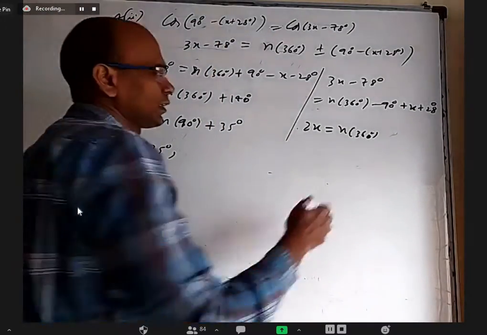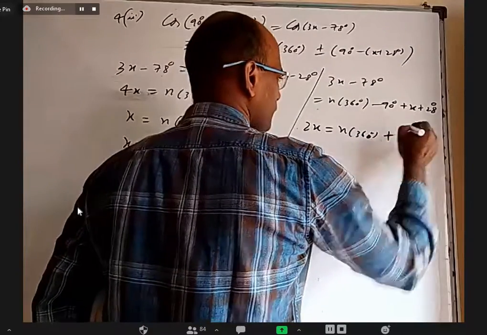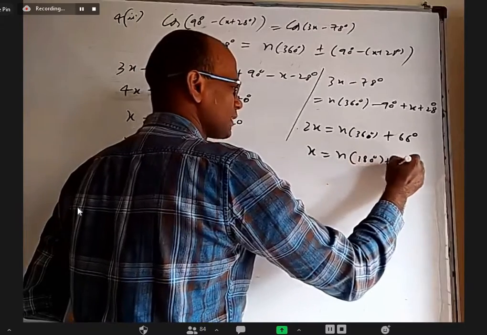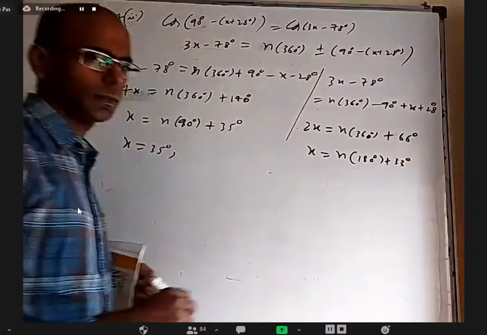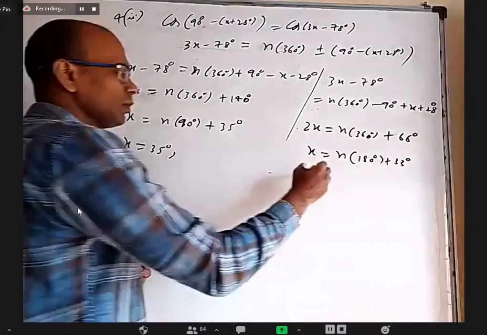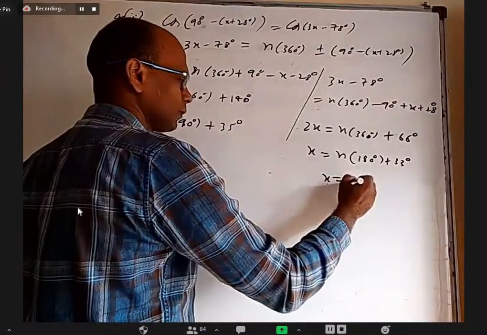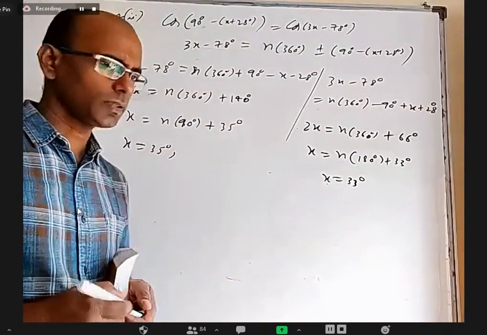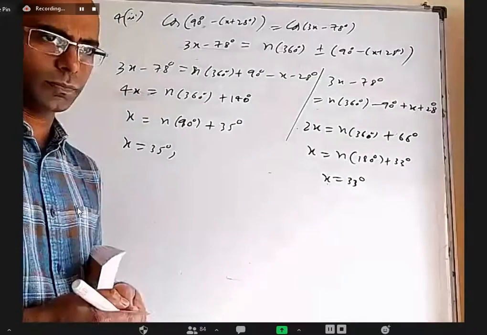If you remove 98, it means 66. When I divide with 2, n into 180 degrees plus 33. So when I put 0, I'll get 30. Other options will be more than 180 or more than 90. So only 35 and 36.